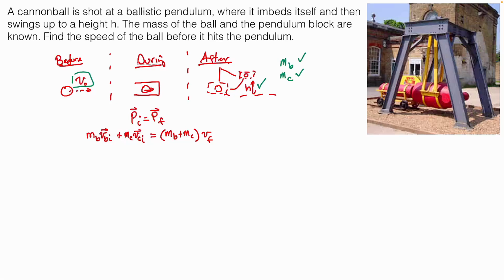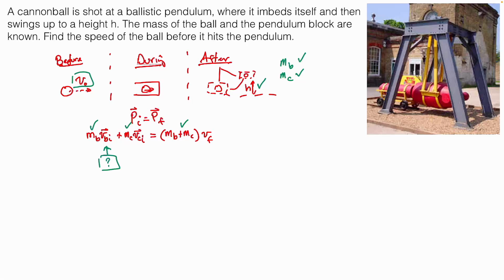Okay, so I'm looking at this and trying to figure out what I know, what I don't know, and what I need to find. I know the masses, right? Where's my green? Right there. So I know that mass, and I know that. That's good. Do I know the velocity of the ball initial? No. But that's okay. This is what I want to find, that's what I'm after, so it's okay for it to be unknown.